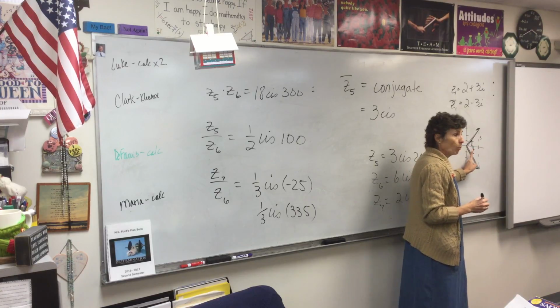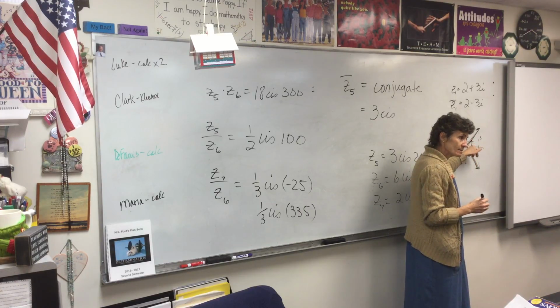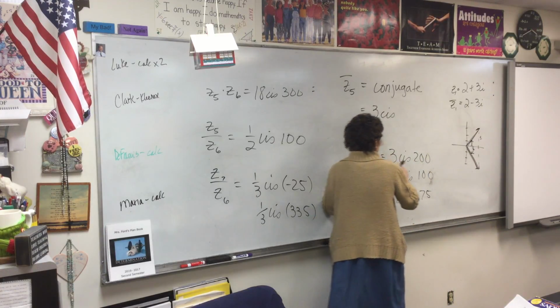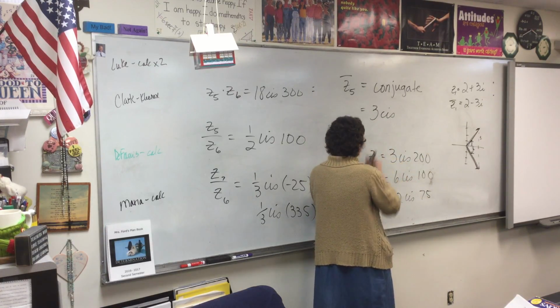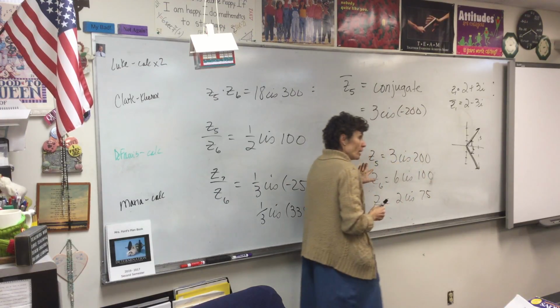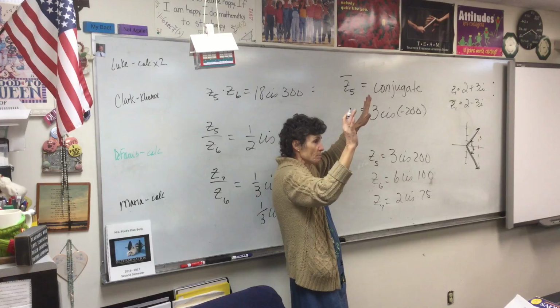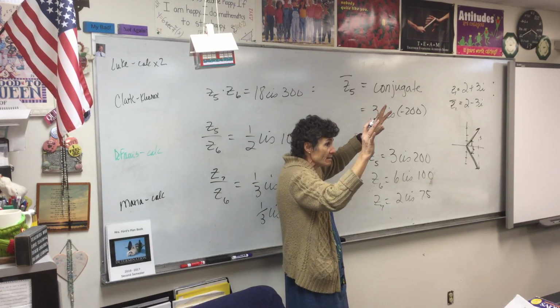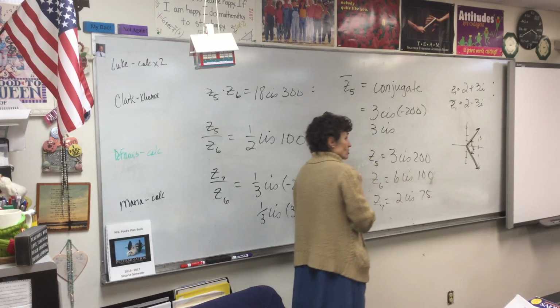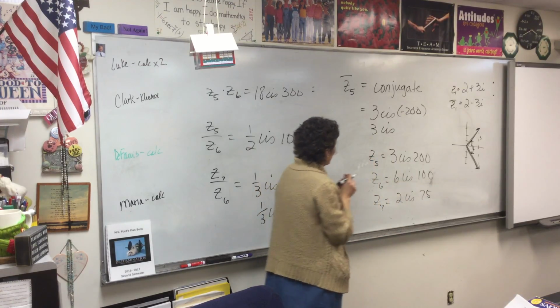Except one's positive and one is negative. So if the original number is 3CIS 200, the conjugate is just going to be 3CIS negative 200? Oops, can't have a negative. So we'll have to rewrite that as 3CIS 160.